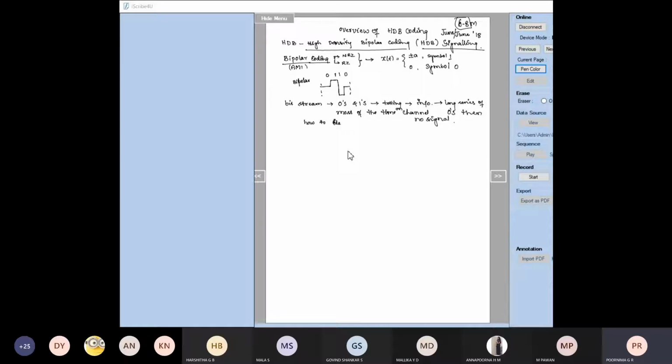So in such cases, how to identify whether it is a channel with no signal or a channel with a signal having a series of zeros in the bit stream? To identify that, the technique we are going to adopt is high density bipolar coding.